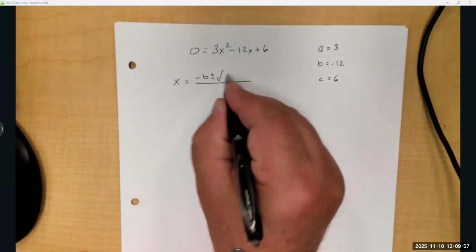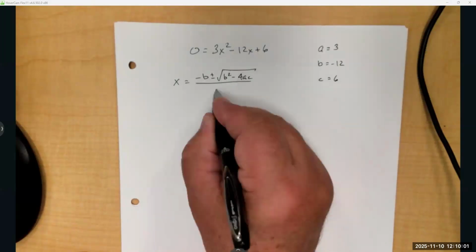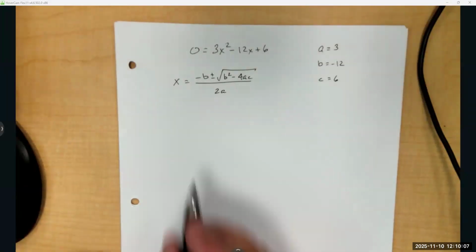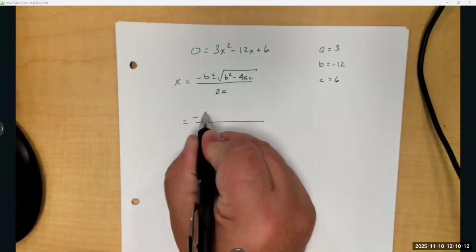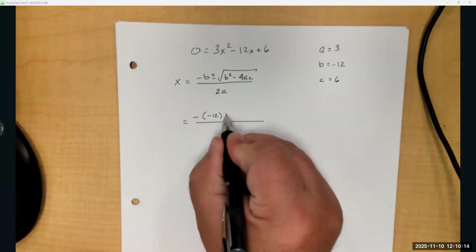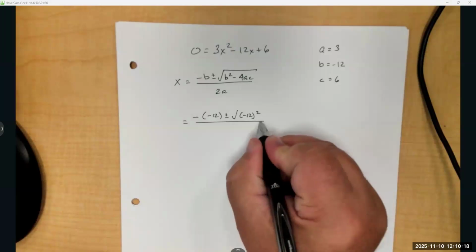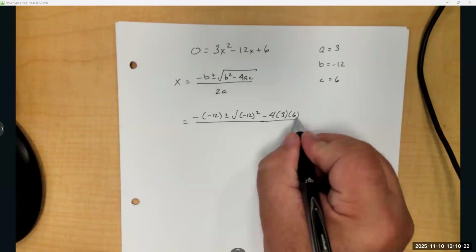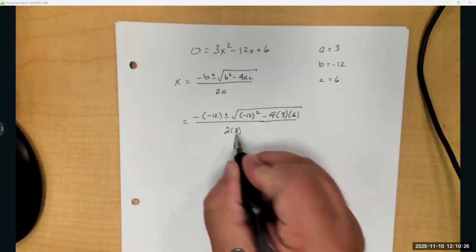Negative b plus or minus the square root of b squared minus 4ac, over 2a. Negative negative 12, plus or minus the square root of negative 12 squared minus 4 times 3 times 6, over 2 times 3.